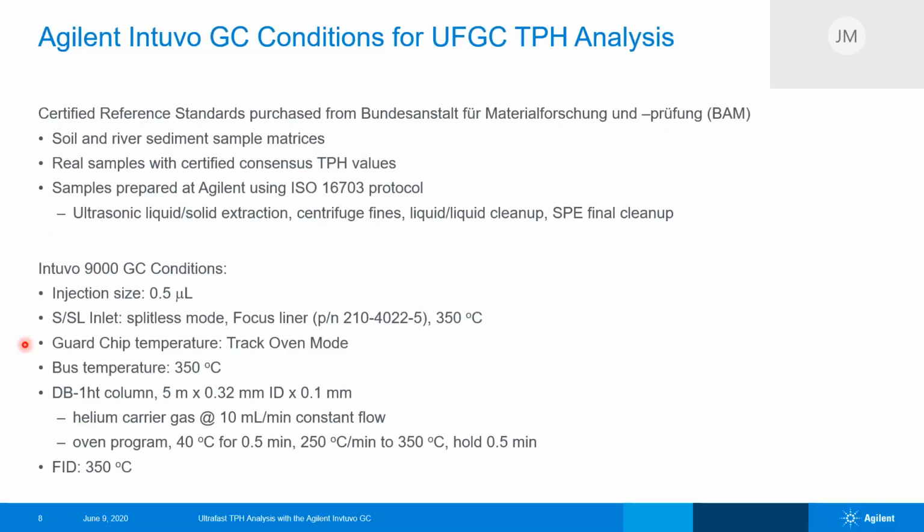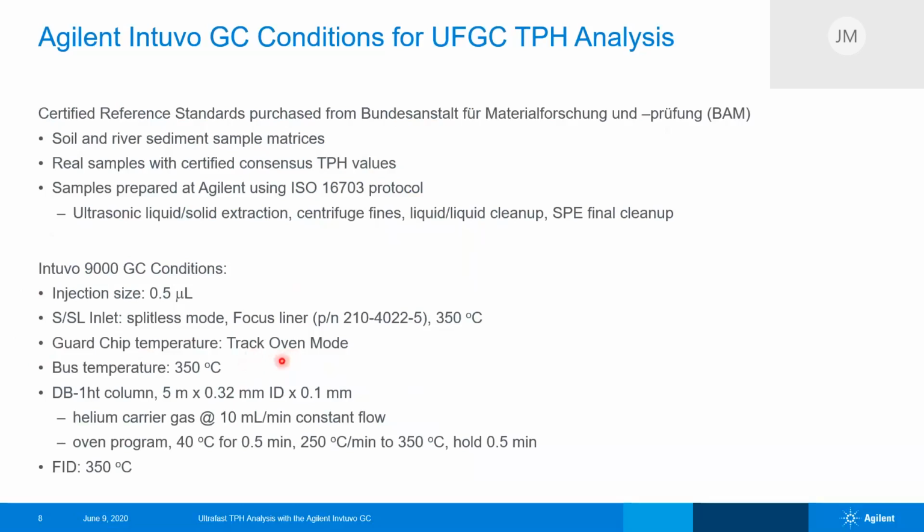But because we've done this really very exacting and rigorous sample prep, we're not really going to be transferring too much nonpolar or high boiling matrix to the column. But we do have to be aware that the guard chip is there as a protective device for keeping the column operating correctly.